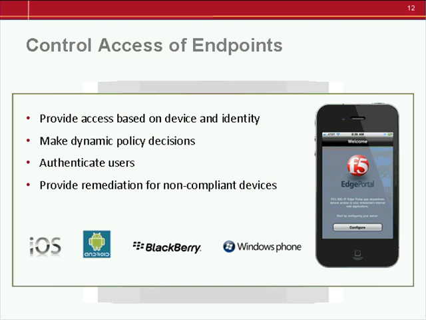So they're coming from their corporate-issued laptop. They put in a valid username and password, and they get access to everything. It's the same username, password, the same identity, but they're coming from their home computer. They might get limited resources. Or they're coming from a mobile device that might not support all of the various applications. Well, it'll do that check and then only deliver the types of applications that are compliant or supported by that particular device.